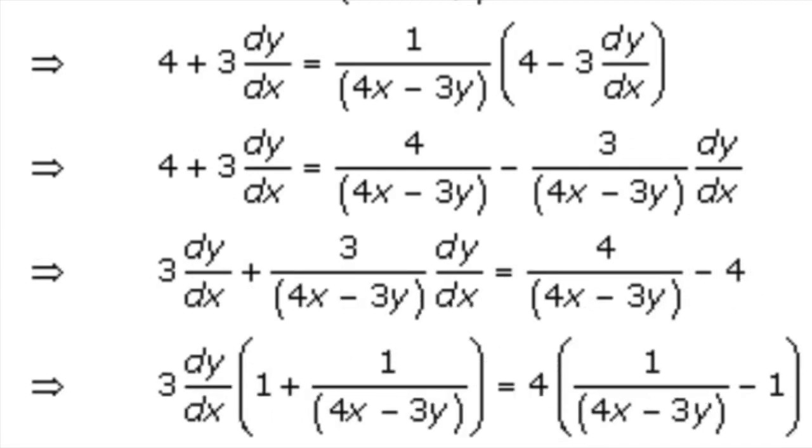So, in the left hand side we will take common 3 into dy upon dx. So we will have 1 plus 1 upon 4x minus 3y equals, in the right hand side 4 is common, so we will take it outside. We have 1 upon 4x minus 3y minus 1.